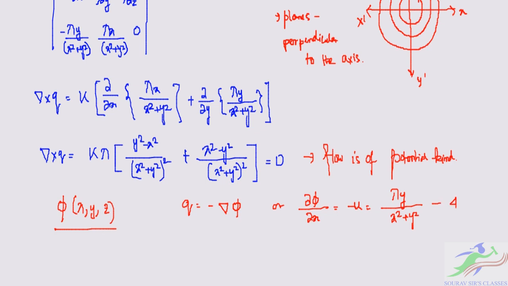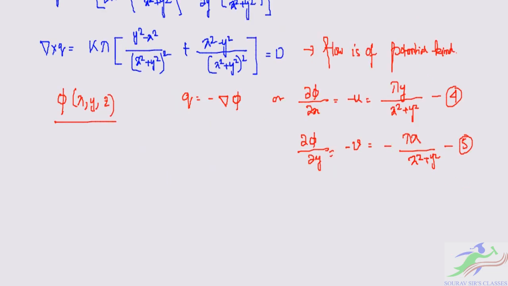We call this equation 4. Then del phi by del y is equal to minus v, which is minus lambda x by x square plus y square, this is equation 5. Now the last one is del phi by del z, which is equal to minus w, which is 0. That is equation 6.